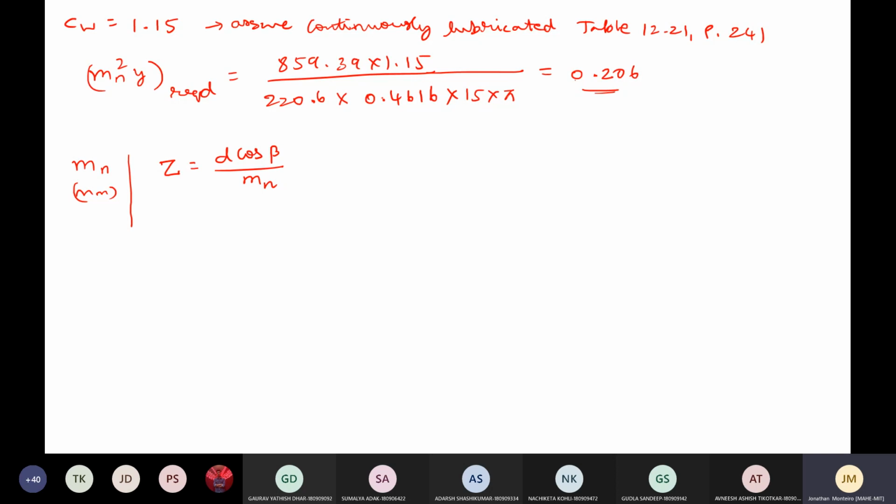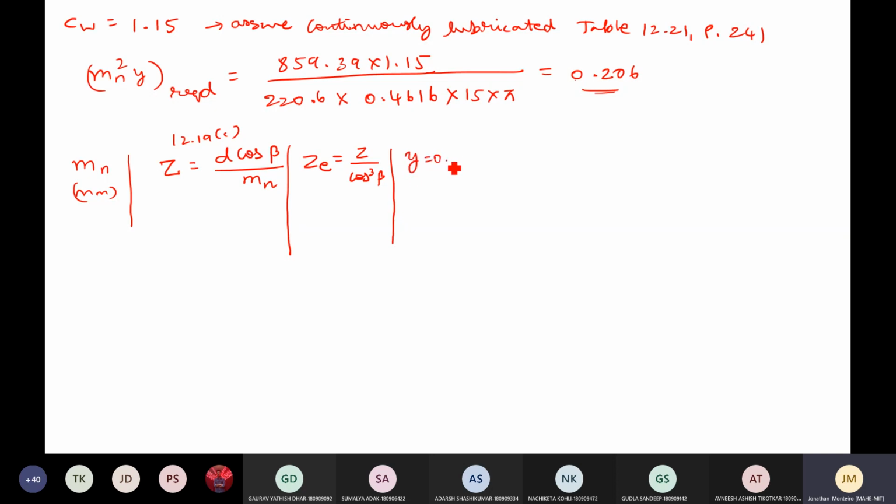So this particular formula, according to 12.196. Okay, once z is done, then you have to understand what is ze, which is nothing but z by cos cube beta.